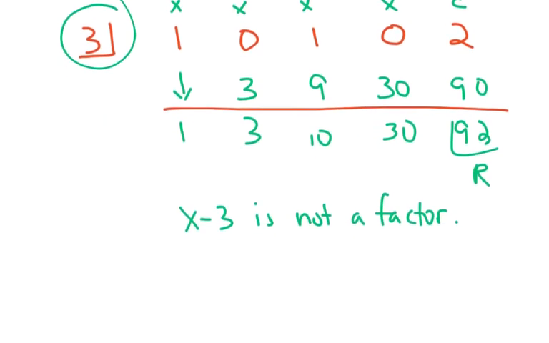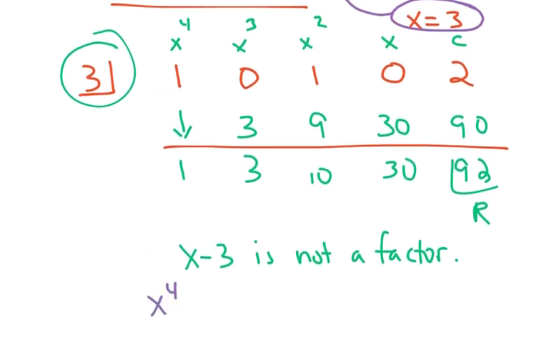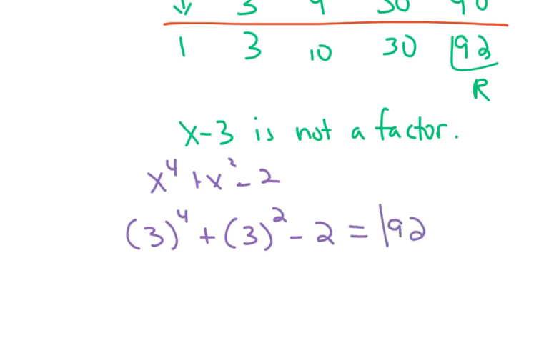Basically, the Remainder Theorem says if I plug 3 into the original polynomial, I don't even have to have the missing terms. I'm just going to plug 3 in. And then I evaluate this. The value I get when I'm done evaluating tells me the remainder. So this is another way of determining the remainder of a polynomial.